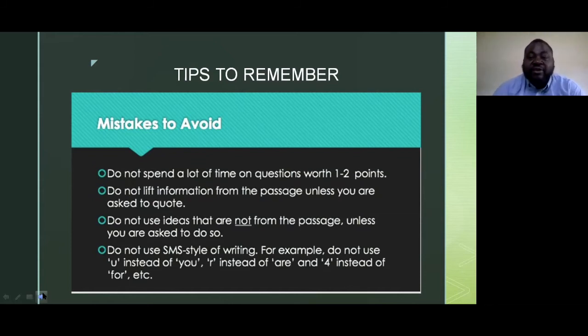So even though you may have personal knowledge on a particular topic, you cannot write that information in there if it is not given in the passage. So it's very important for you to stay within the passage, which is why it's important to know what the question requires, which is why it is also important to highlight as you read, and this is why it's also important to paraphrase to ensure that you're on track.